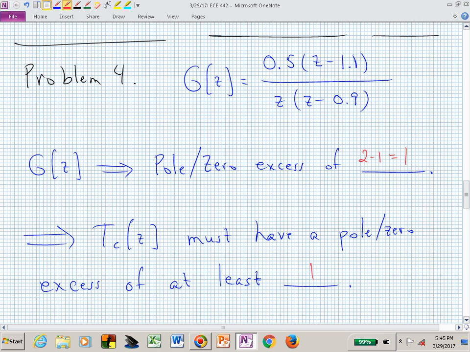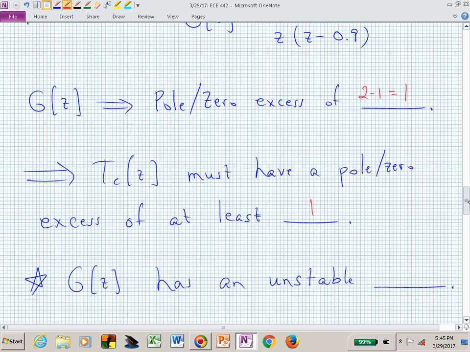That's the definition of an unstable zero. It has nothing to do really with stability of your system. Do we have any unstable poles in our G of z? No, it's already in factored form, and they all have a magnitude less than 1. We have 1 at the origin and 1 at 0.9.